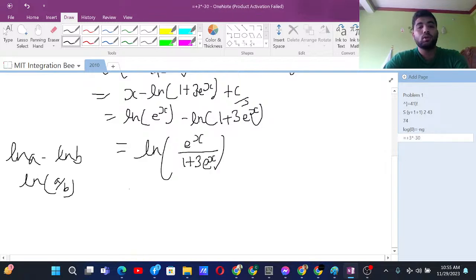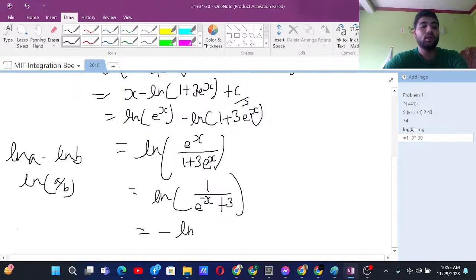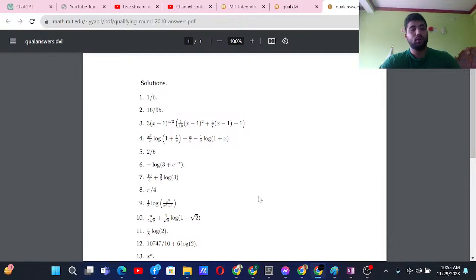So this will be ln of 1 by e to the power minus x plus 3. And now ln of 1 by a is just minus ln a, you know? So this is minus ln of e to the power minus x plus 3. And this is the answer. Now the one that's given. Yeah, this is the answer. Let's go to the next one.